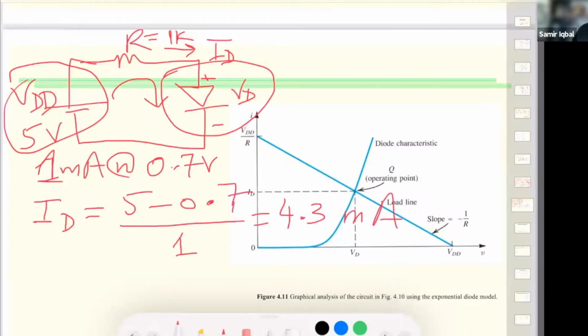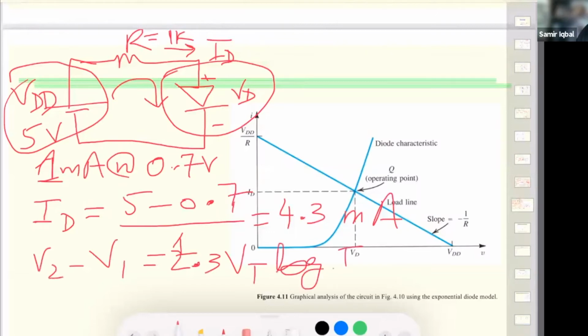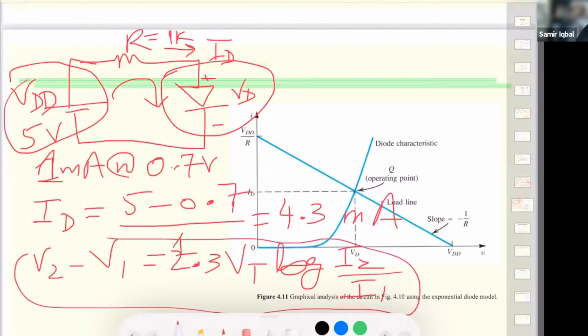Now, how do we know this number is right? We can use the knowledge that if you change the current through a decade, the voltage should change by 60 millivolt. So V2 minus V1 equals 2.3 Vt log of I2 divided by I1. We can use this to see if our numbers are right.